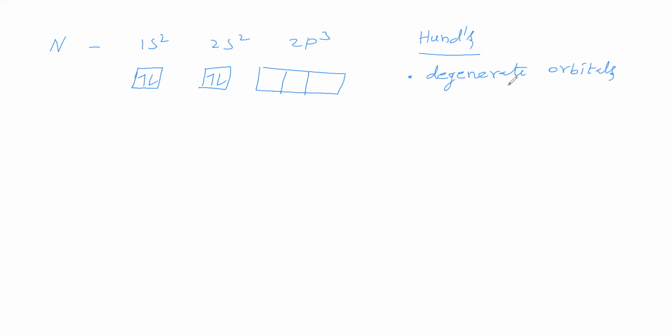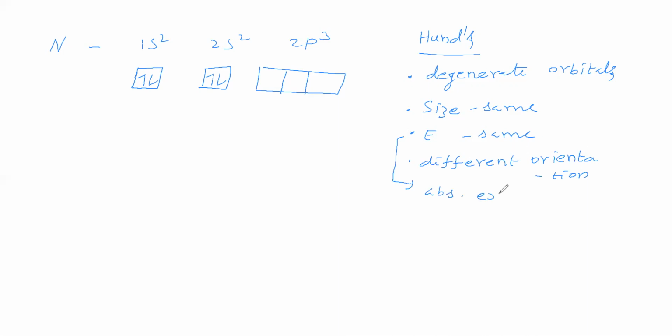What are degenerate orbitals? Degenerate orbitals means those orbitals will have the same size, the same energy, but different orientation. Energy is the same in the absence of an external field.